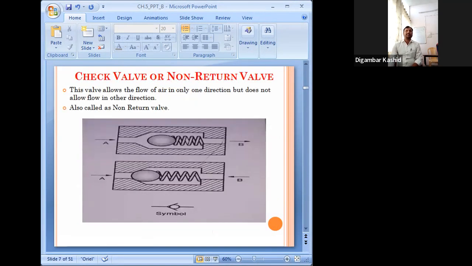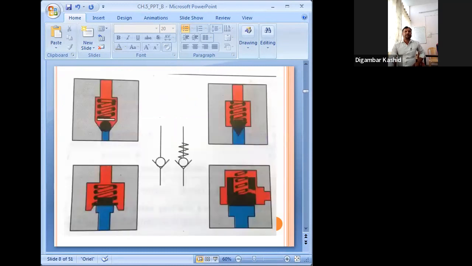Now, firstly, we'll go for this check valve. See, this is the construction diagram. I already discussed this check valve. Now, again, the check valve has different types. Here we retain its position, or here a spring is used.